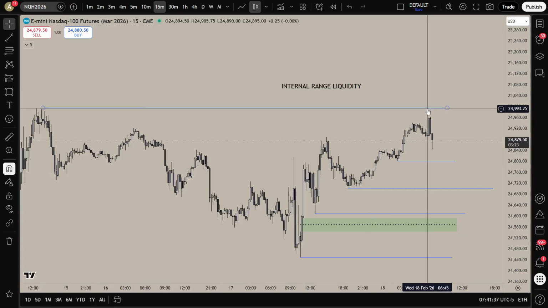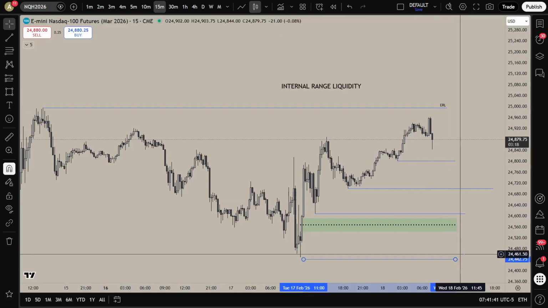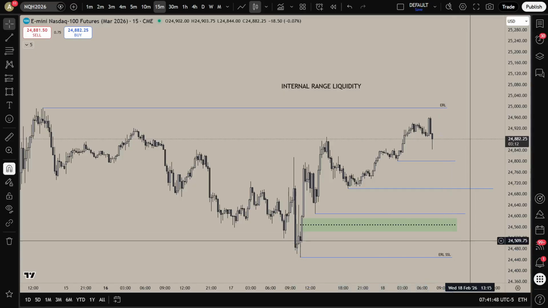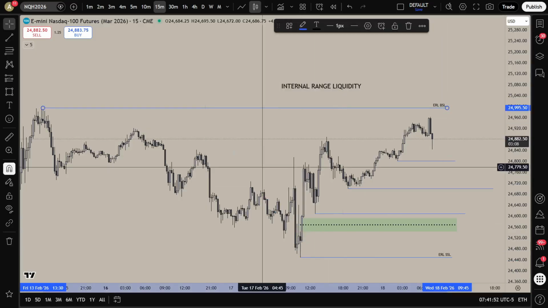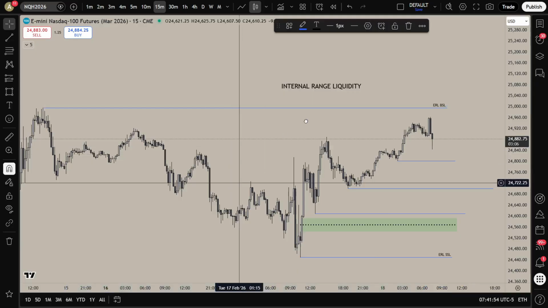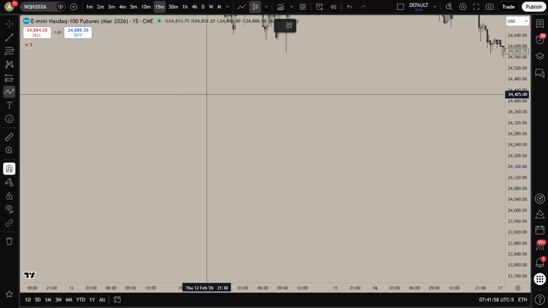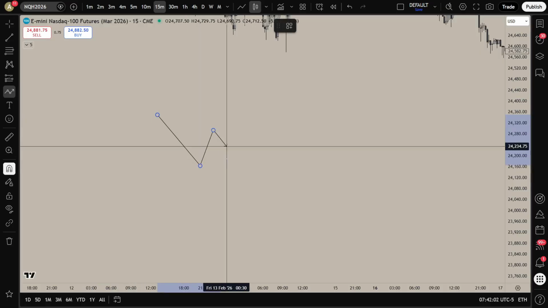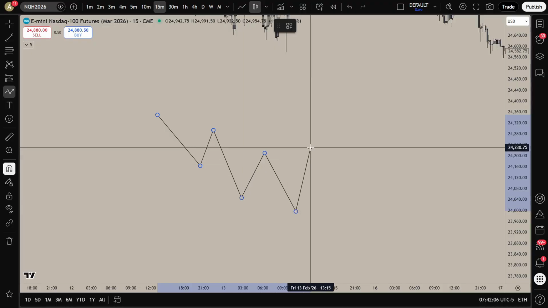What is external range liquidity? These highs. This is ERL on the buy side, and this is ERL on the sell side. What the market tends to do is move from ERL to IRL, ERL, IRL, ERL, IRL, ERL.